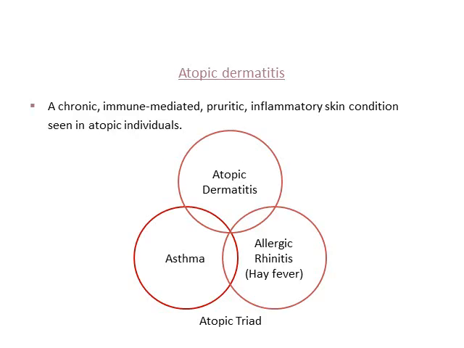Coming to endogenous, one of the most common and important endogenous eczema is atopic dermatitis. It's a chronic immune-mediated pruritic inflammatory skin condition seen in atopic individuals. It's usually an atopic triad, which consists of atopic dermatitis, asthma, and hay fever, that is allergic rhinitis.